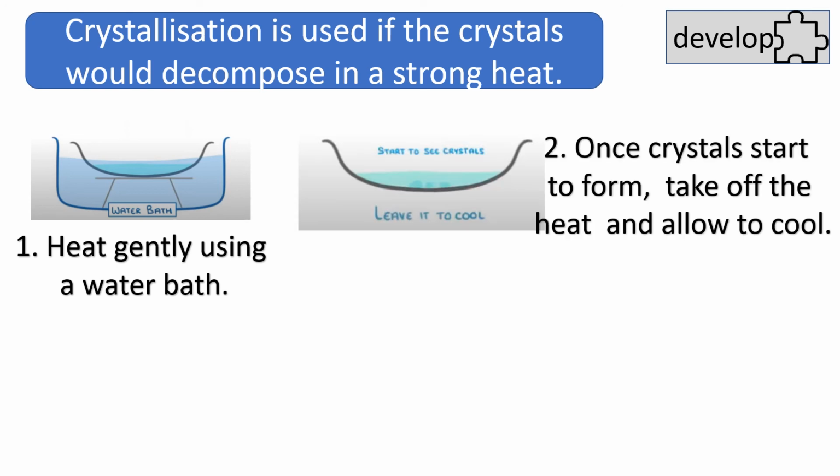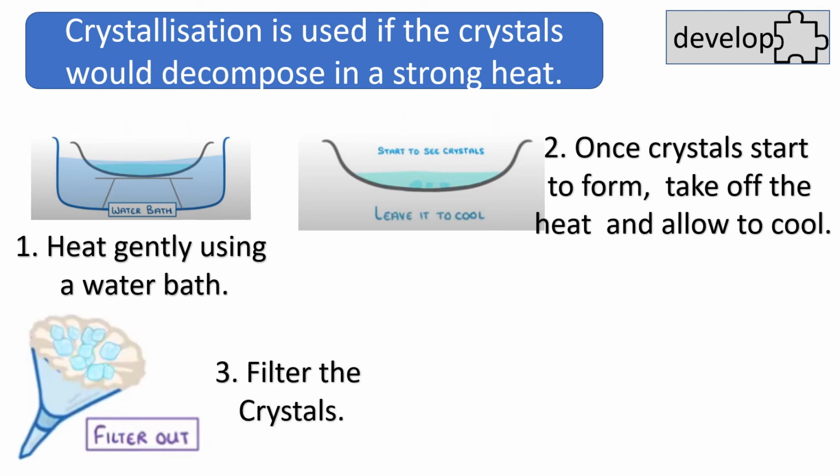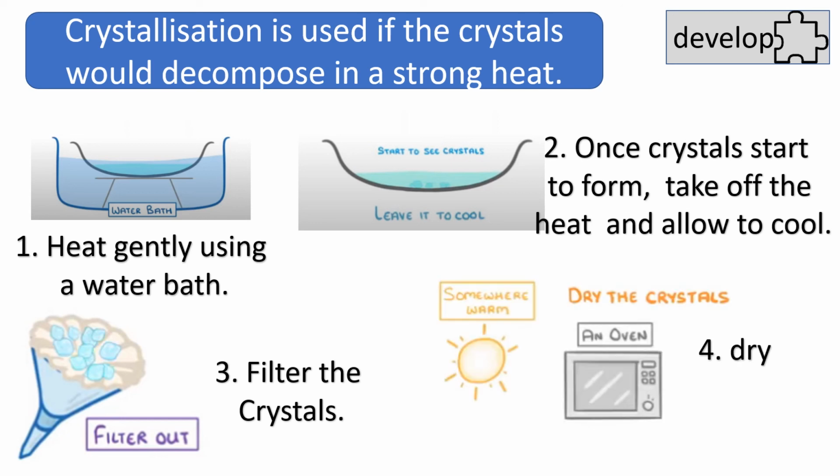You can use a water bath, and then you heat it up gently, you take it off the heat, and you allow it to cool, and then it slowly allows that evaporation to happen. You might filter the crystals to get rid of any leftover liquid, and what you're ending up with then is these dry, pure crystals that are really well formed.